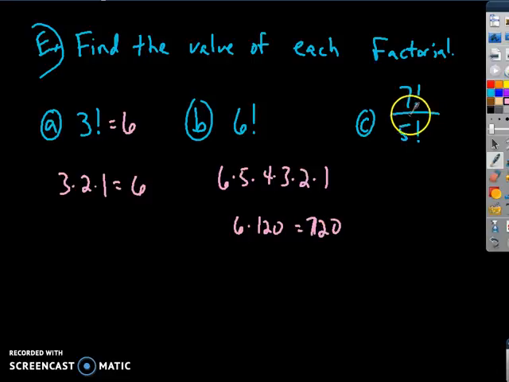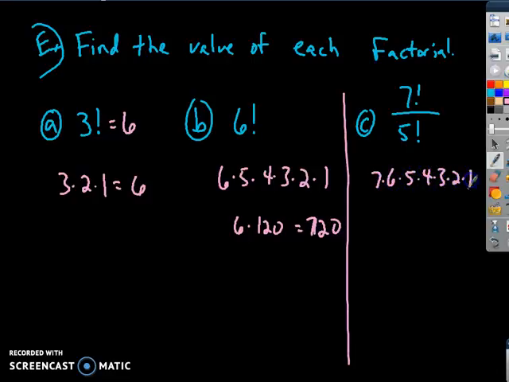The next one is 7 factorial divided by 5 factorial. I would expand the top number, and you're going to see something happen really nice for you. 7 factorial, 7 times 6 times 5 times 4 times 3 times 2 times 1. 5 factorial is 5 times 4 times 3 times 2 times 1. Well, what does 5 over 5 reduce to? Well, all this has been multiplied together, and all this has been multiplied together. So I can really divide these off, and they divide out to be 1.